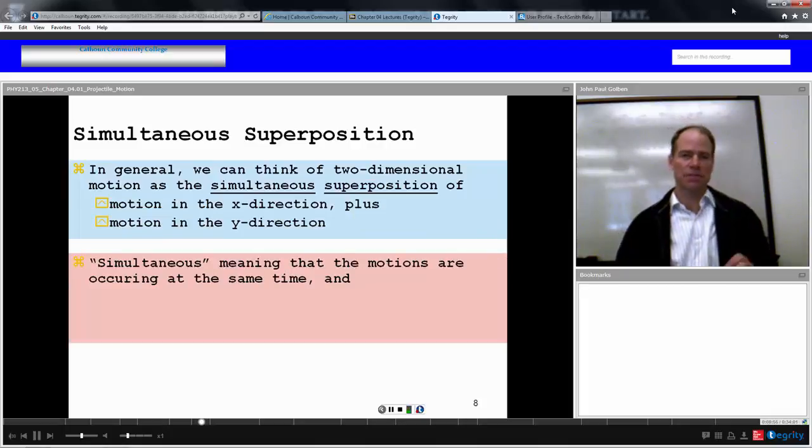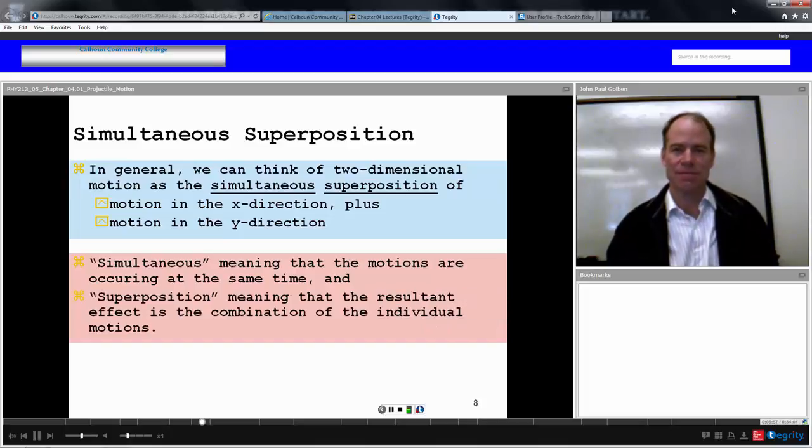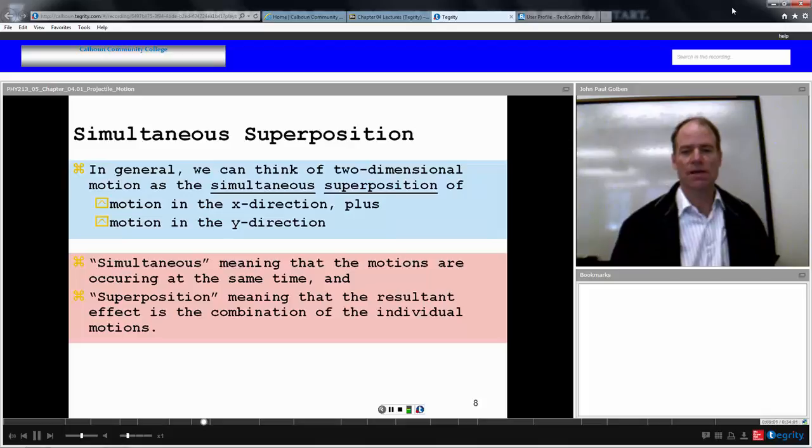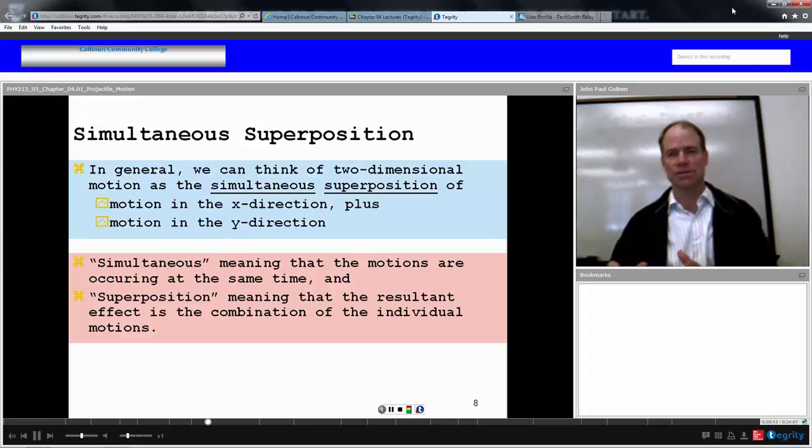Simultaneous means that these motions are taking place at the same time, and superposition, which is a basic principle of physics, means that the resultant effect is the combination of the individual effects, individual motions in these cases. This comes up again and again in physics, where you look at the individual contributions and then the combined contribution gives you your net effect.